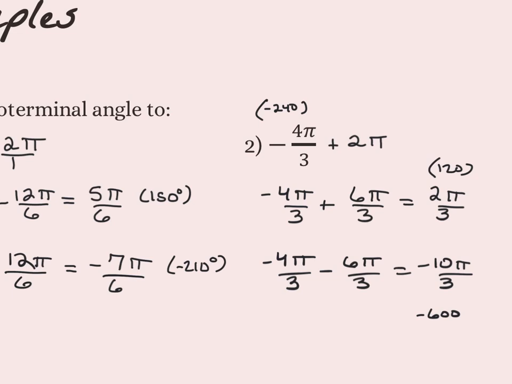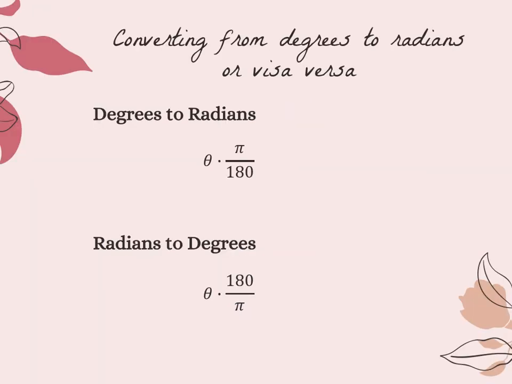Now, the next slide actually has the formula for converting degrees to radians and radians to degrees. Go ahead and take a look at that formula. Now, keep in mind that 1 degree is equivalent to pi over 180. And 1 radian is equivalent to 180 degrees over pi.